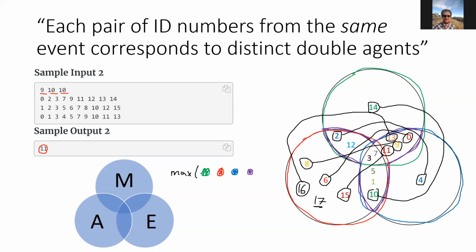So the maximum of these 4 color-coded groups will give you the solution.